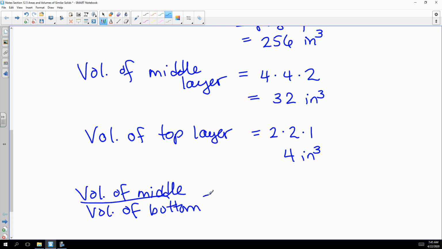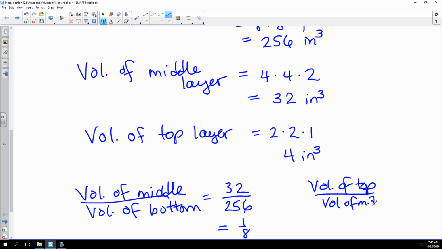And so let's make a ratio to compare those. 32 over 256, and you should reduce that fraction, and you're going to get 1/8, 1 over 8. And let's do the volume of the top layer to the volume of the middle layer, because we halved each dimension. So then we're going to have 4 over 32, which again gives us 1/8, right?